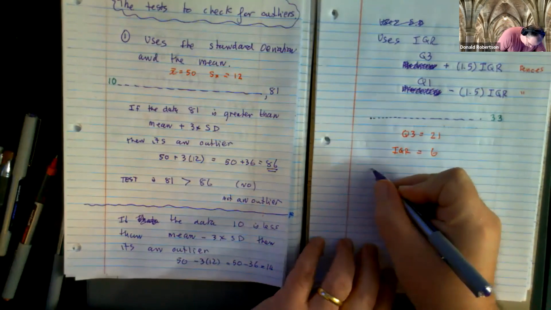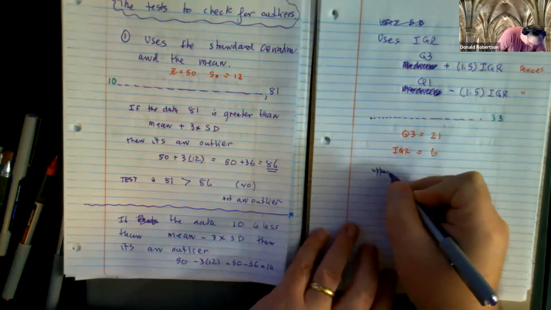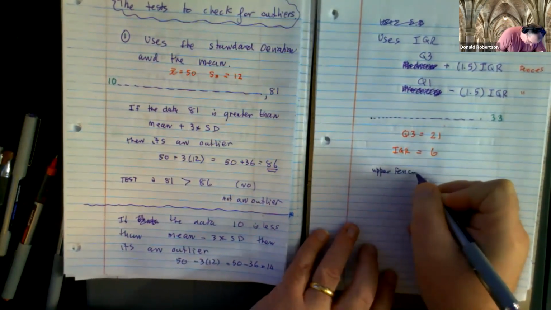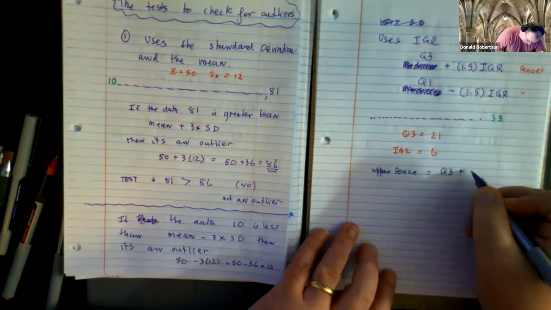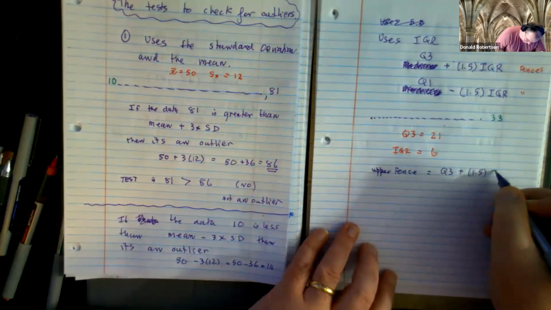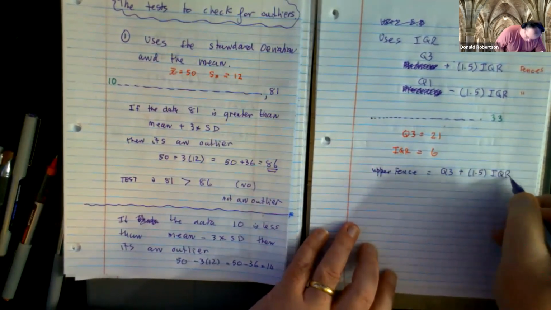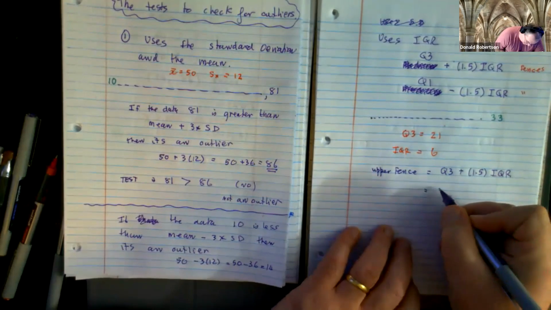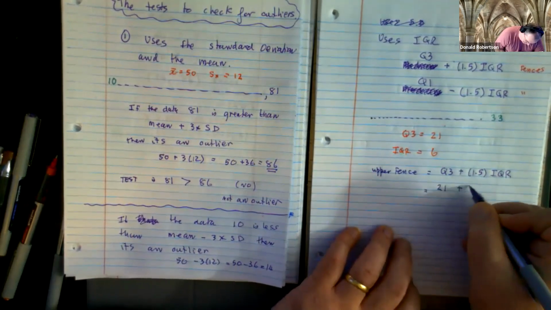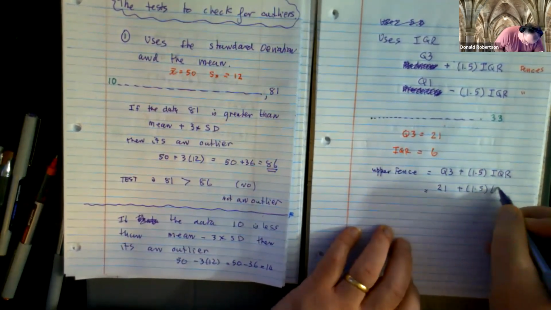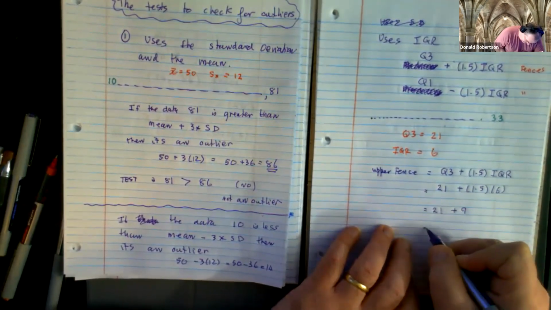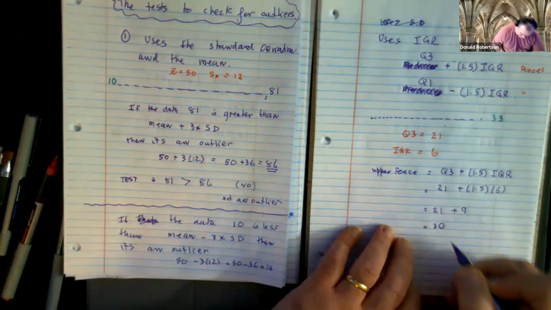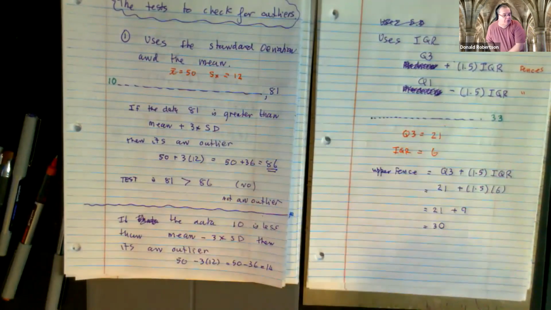So what's called the upper fence is Q3 plus 1.5 interquartile range. And it's 21 add 1.5 times 6. That's 21 add 9. The upper fence is 30. Would 33 count as an outlier then in this set of data?